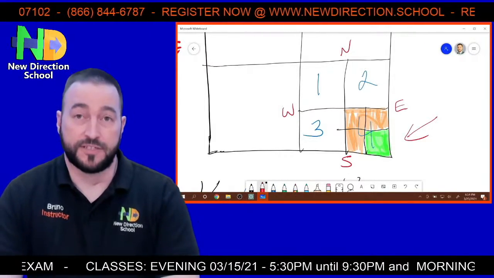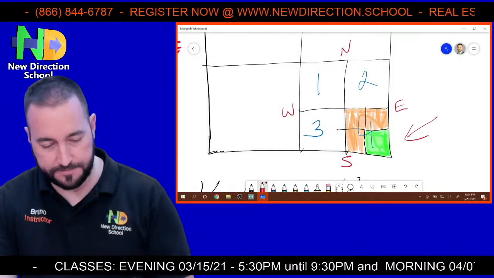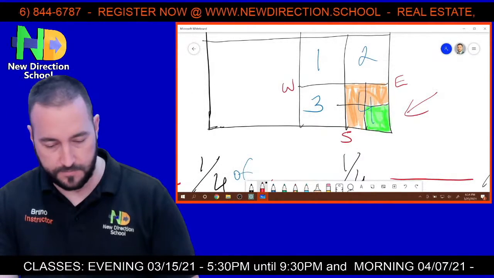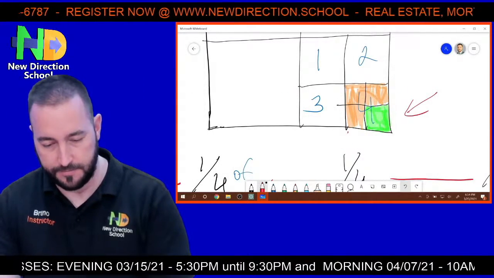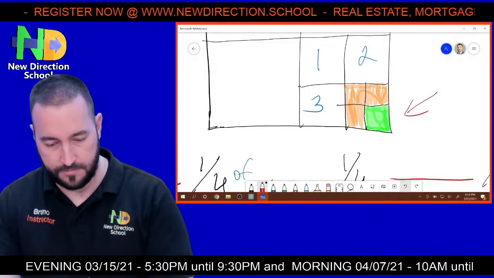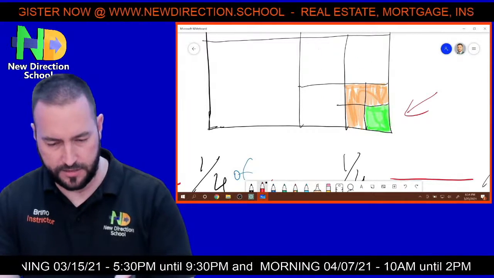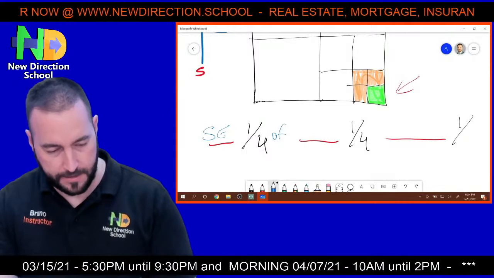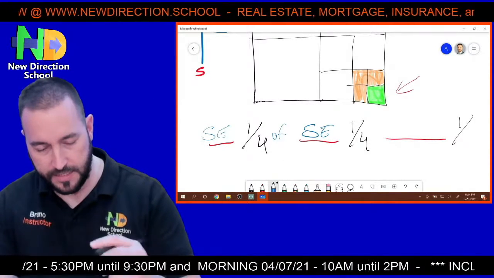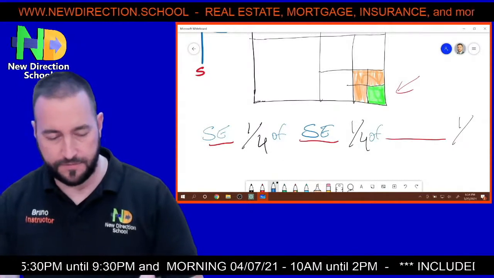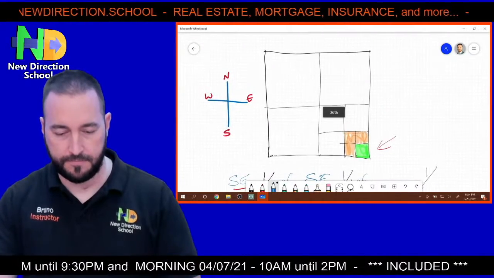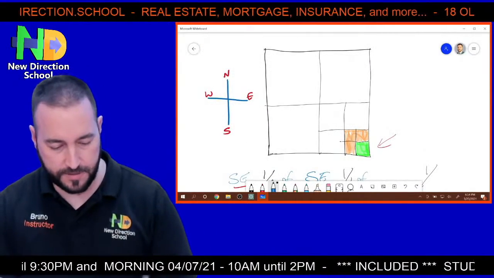Again, on the southeast. That's easy so far, right? Clear that. This one I'm going to do real quick because it's the simplest one. So southeast of, this is the whole section in the township.